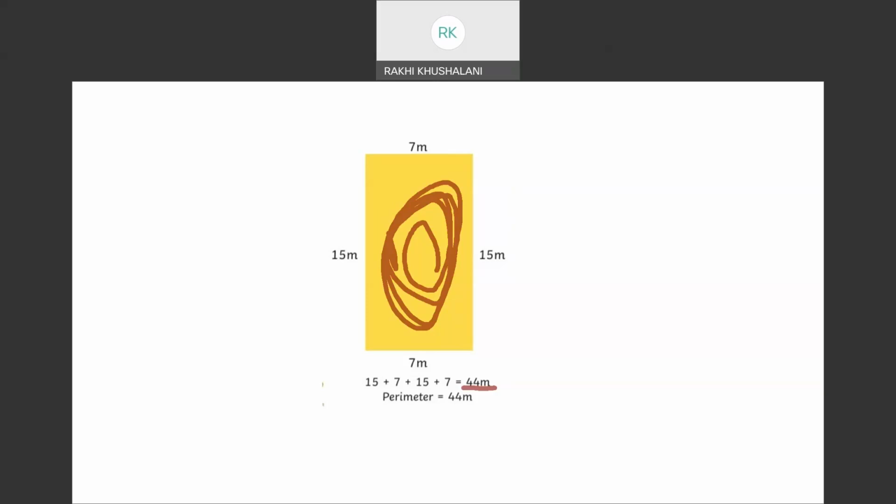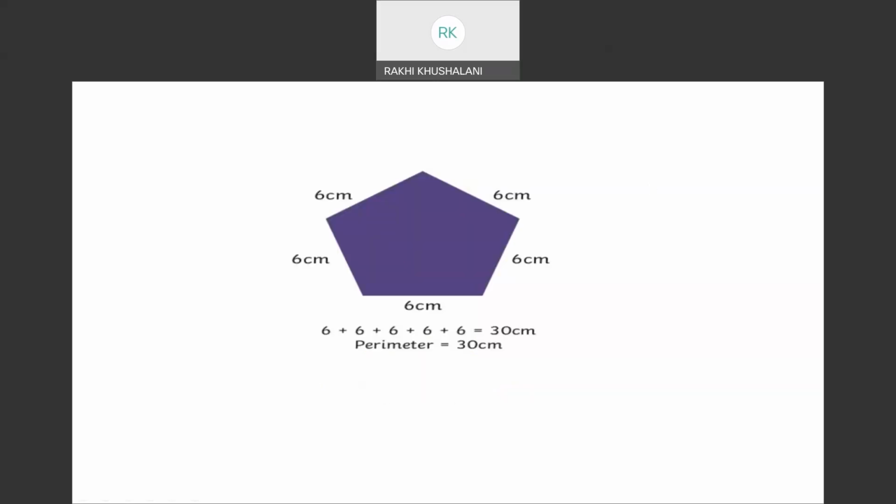See more. We may have some different shapes also, and every shape which has proper straight edges, okay, the polygons. What are polygons? The closed figures made up of line segments. With such shapes only, we can find out the perimeter. Like in this case, it's a hexagon given here.